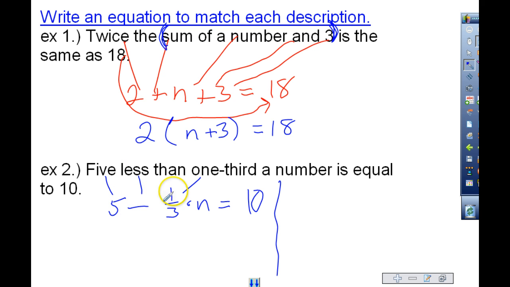However, if the variable and the fraction are throwing you off, what happens if you did this with just 20? What is 5 less than 20? 15. And how did you get 15? 20 minus 5, right? Not 5 minus 20.